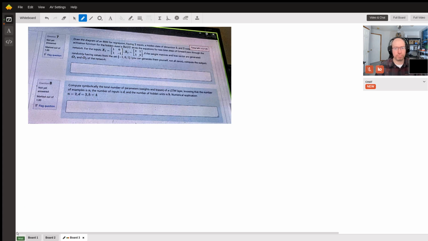Number of hidden units is 3. Yeah, the number of examples is tricky.